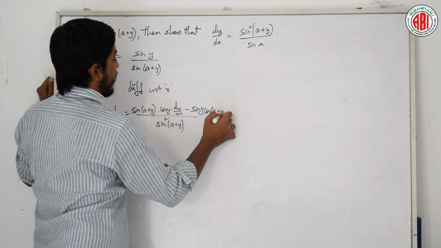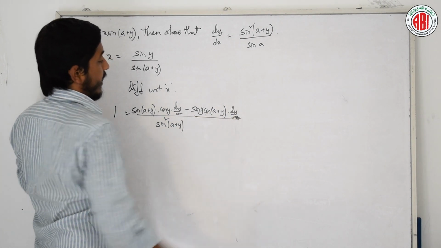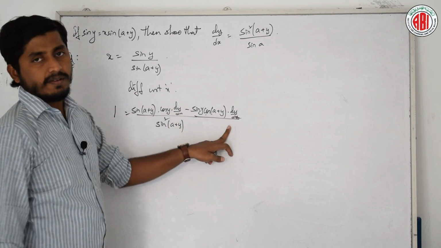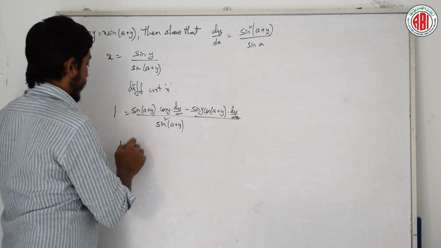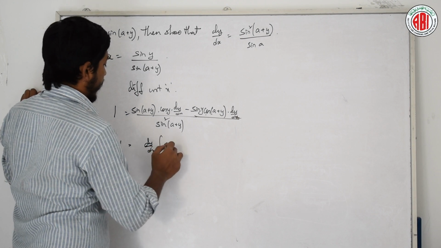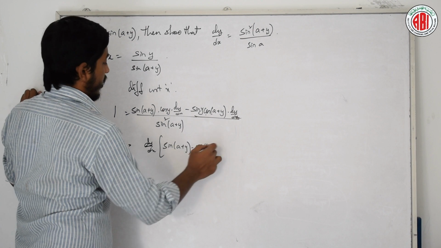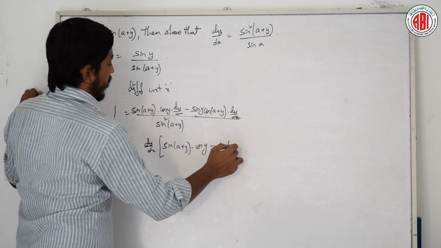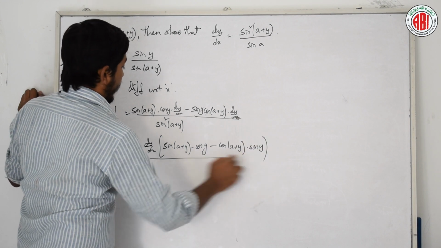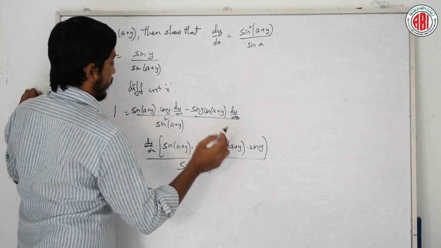Cos (a plus y) into dy by dx. Is it clear? Now let us take this dy by dx common. That is 1 is equal to, if I take dy by dx as common, then I will get sin (a plus y) cos y minus cos (a plus y) sin y, divided by sin square (a plus y). Clear?